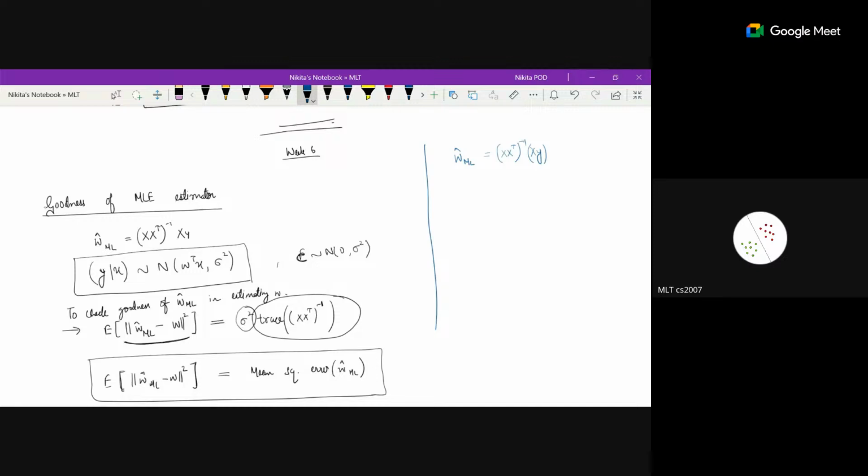And what is it estimating? It is estimating W. Once you have an estimator, you want to know how good it is.